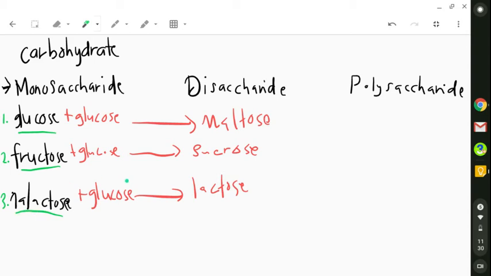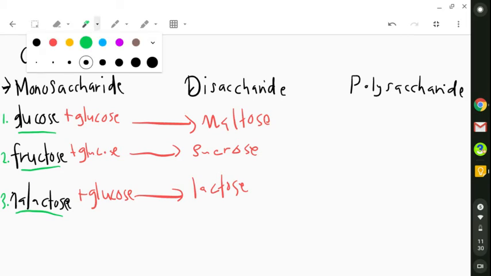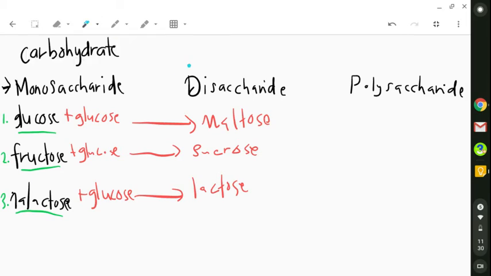And then when this monosaccharide combines with another monosaccharide, it will form a disaccharide. If glucose combines with glucose, it will form maltose.